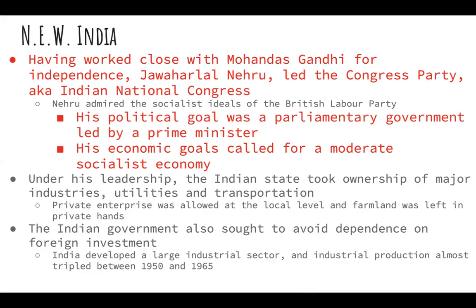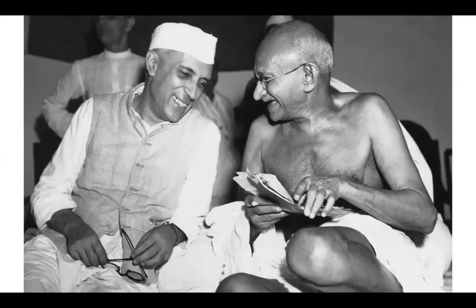Under his leadership, the Indian state took ownership of many major industries, utilities, and transportation. Private enterprise was allowed at the local level, and farmland was left in private hands. The Indian government also sought to avoid dependence on foreign investment. India developed a large industrial sector, and industrial production almost tripled between 1950 and 1965.